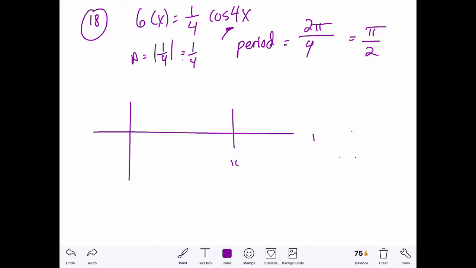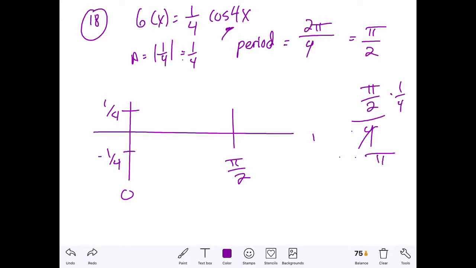Pi halves is where it ends, starts at 0. Remember, for sine and cosine, it's going to have an amplitude of a fourth. It's going to go up a fourth and down to negative a fourth. And remember, we take the period and we divide it in 4. Invert and multiply, pi eighths.